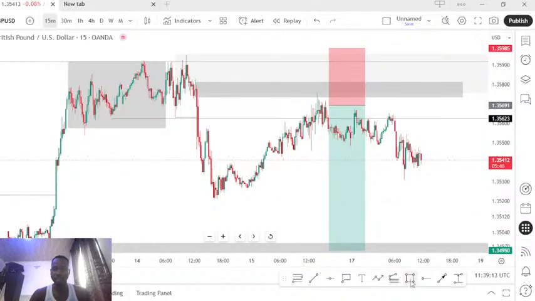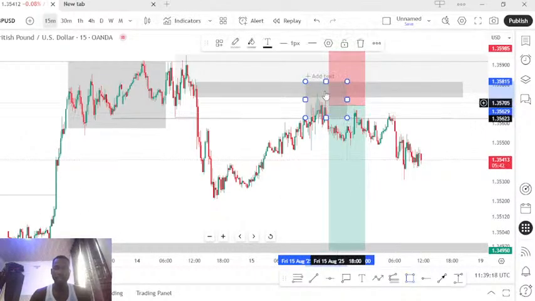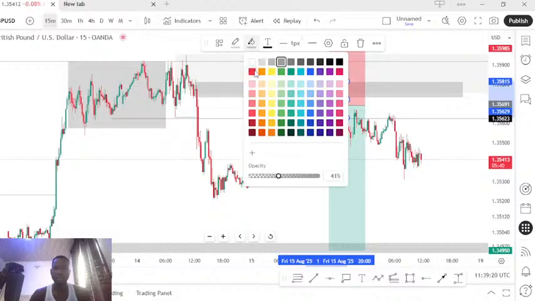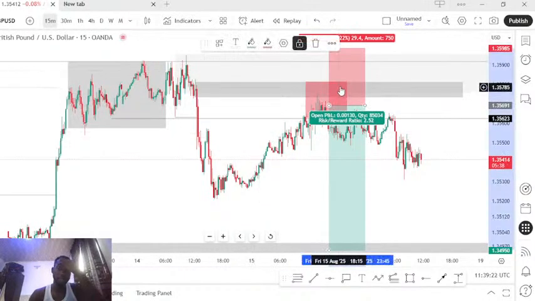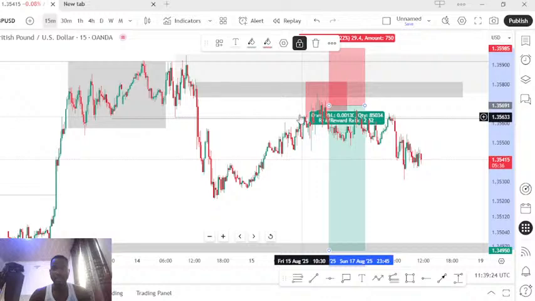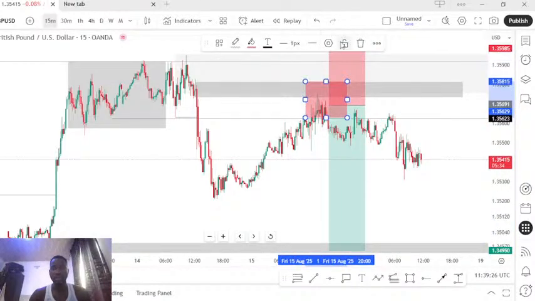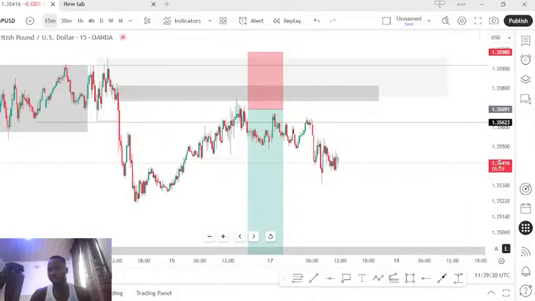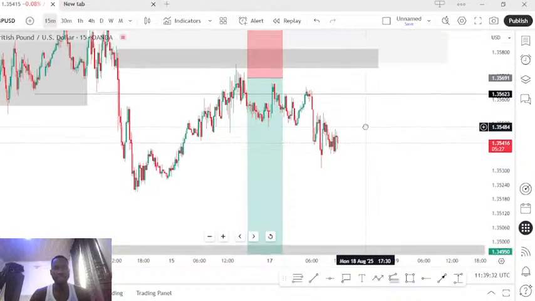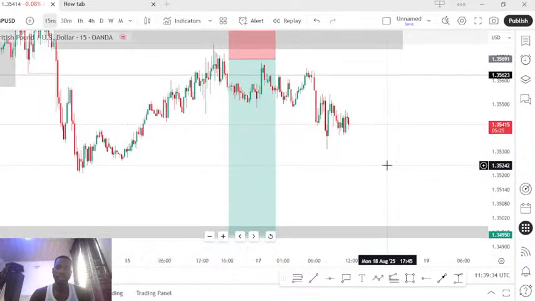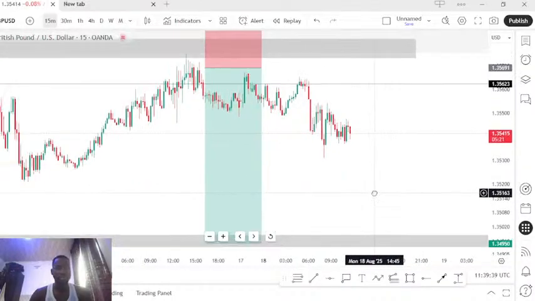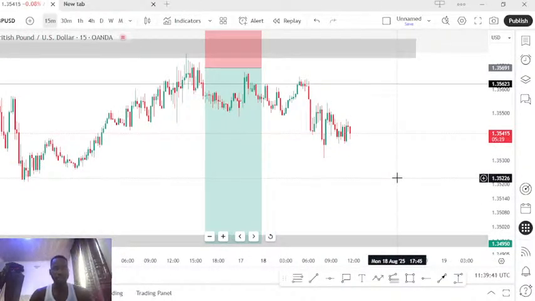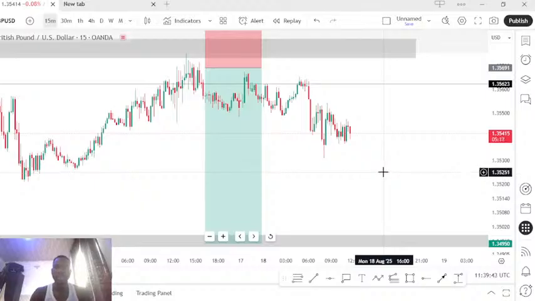From this key point here, this very area here, I was looking out to see price give us a push to the downside. So currently we are on a bearish move, and you can see how the market is somehow looking choppy and not so beautiful for another entry execution.